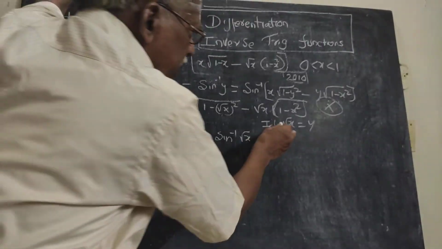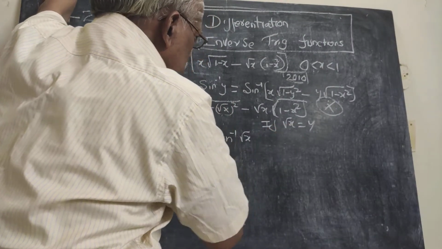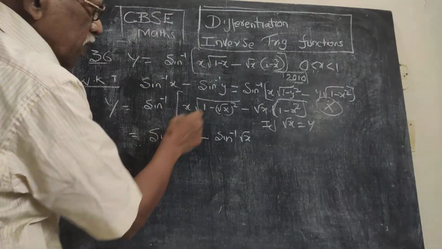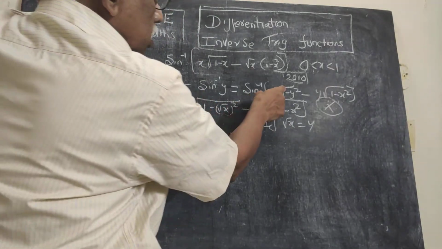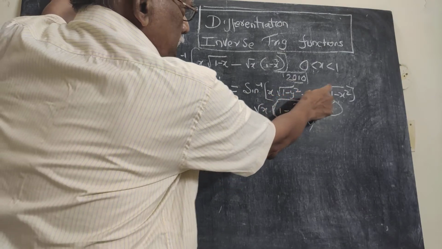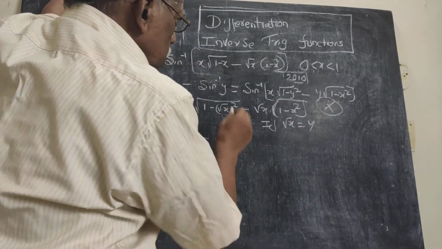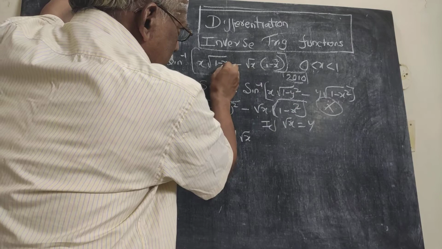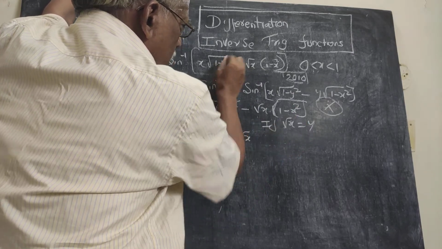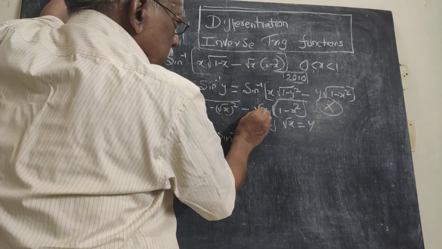So again I repeat what I am doing. I want this answer x into root of 1 minus y square minus y into root of 1 minus x square. So I am considering this root x as root x the whole square, and this root x as it is.